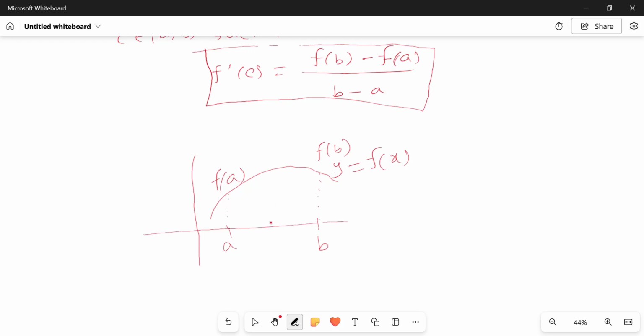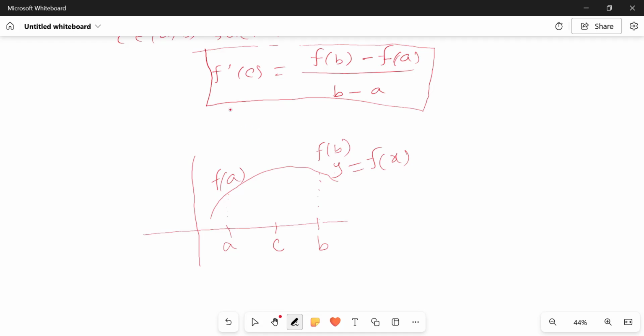So the mean value theorem is telling us that there is a point c here such that f prime of c is equal to f of b minus f of a divided by b minus a.